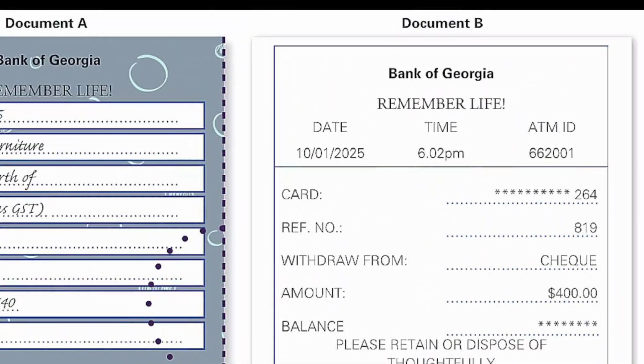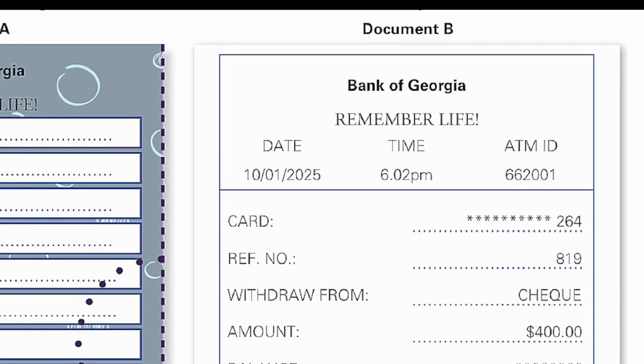What is the double entry for document B? What is this one? ATM docket is a source document. What is the transaction? I remember I told you.